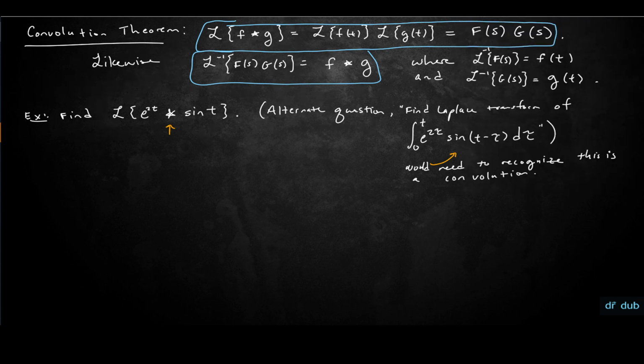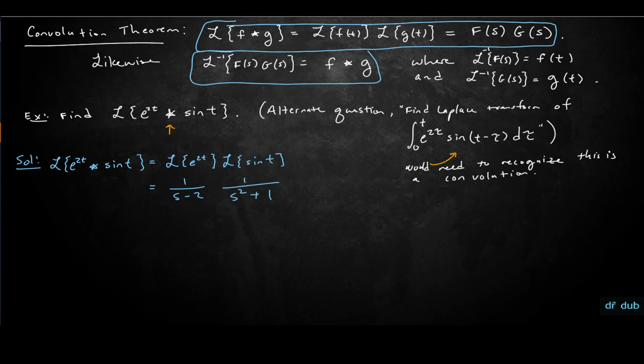Solution here. Well, Laplace of a convolution e to the 2t star sine of t is really just Laplace of e to the 2t times Laplace of sine t. And that gives me 1 over s minus 2 times 1 over s squared plus 1.